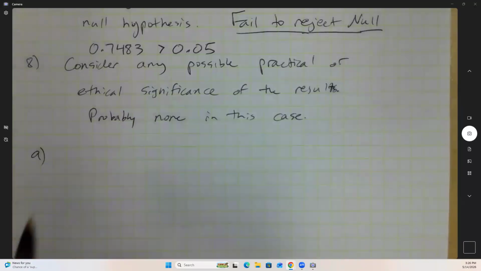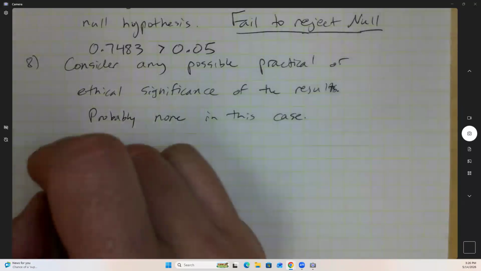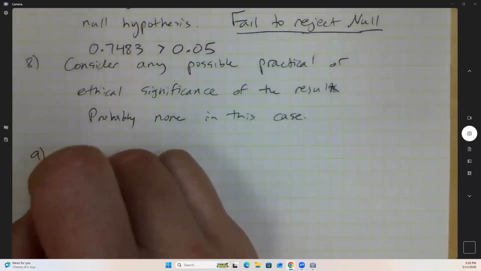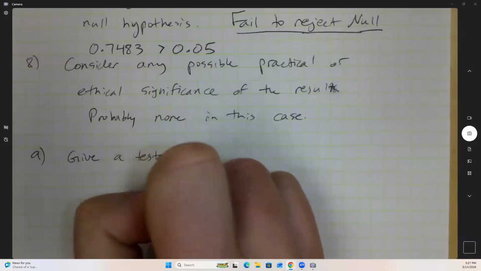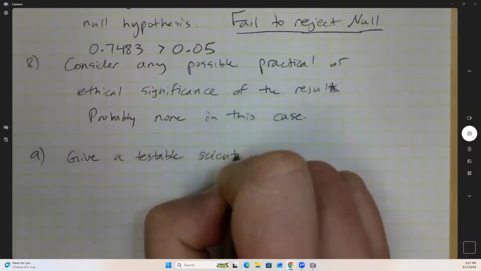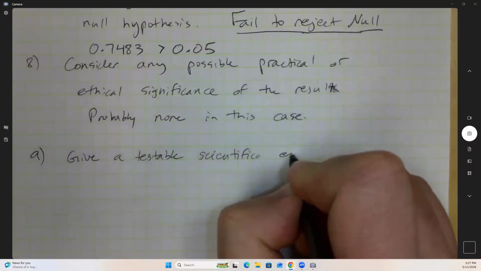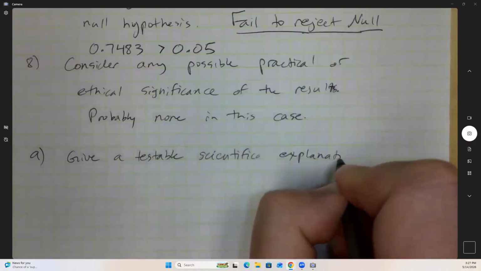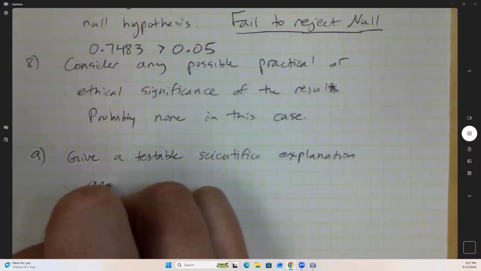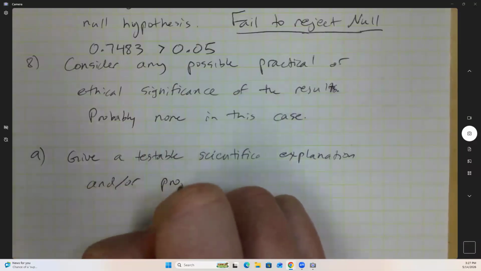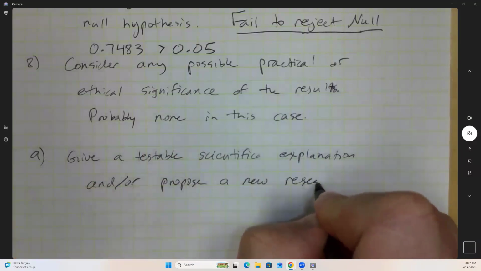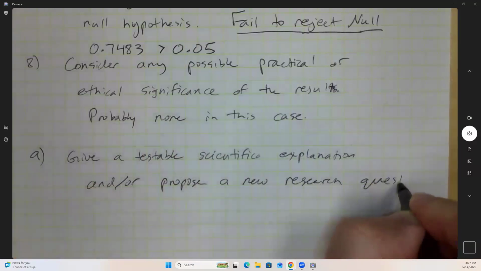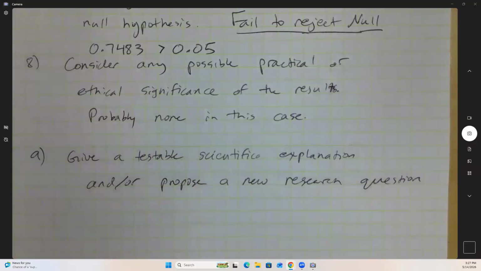And finally, this is 9 steps, it's not 10. You get to ask why. So give a testable scientific explanation, and or propose a new research question to learn more.